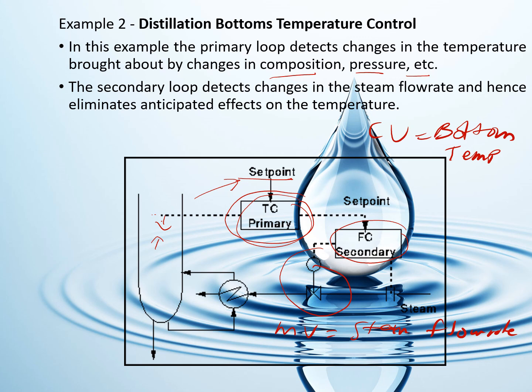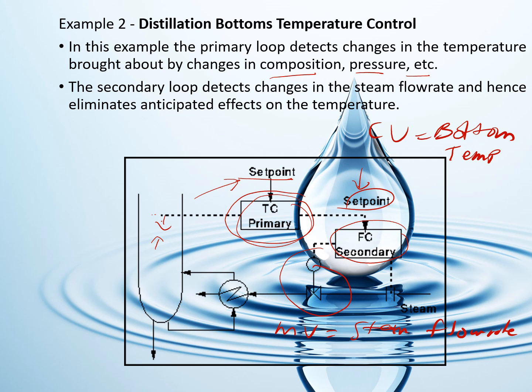So here the primary control loop will send a new set point that needs to be achieved by the secondary control loop. The secondary control loop, also known as the slave controller, will detect the changes in the steam flow rate.